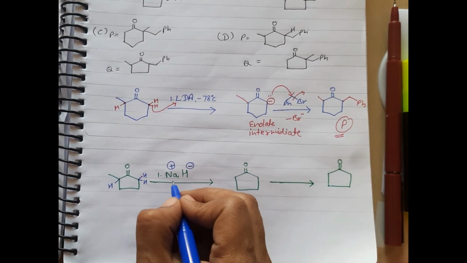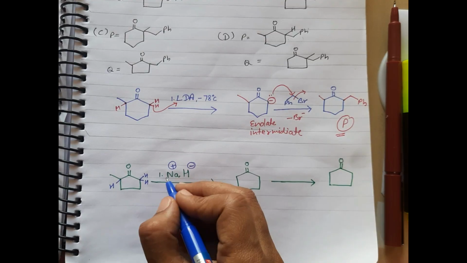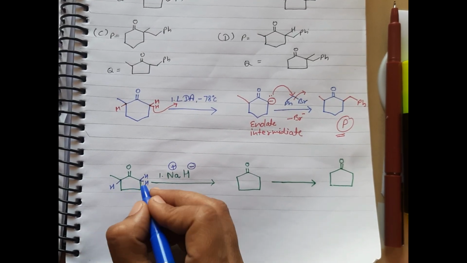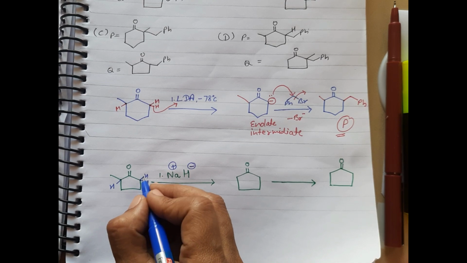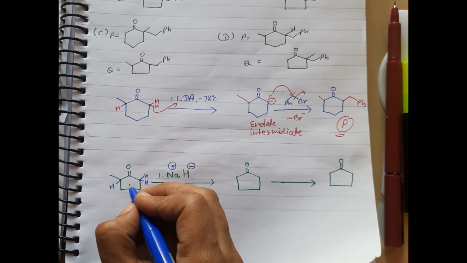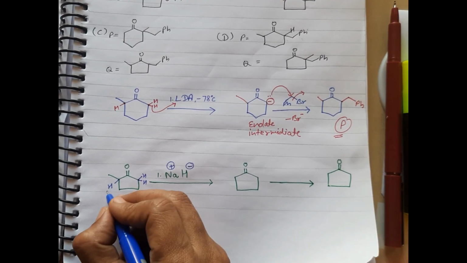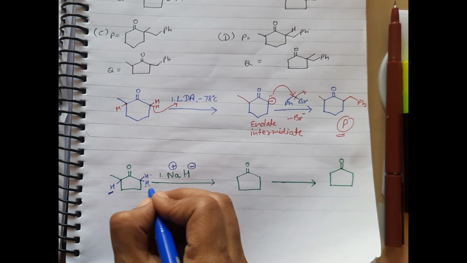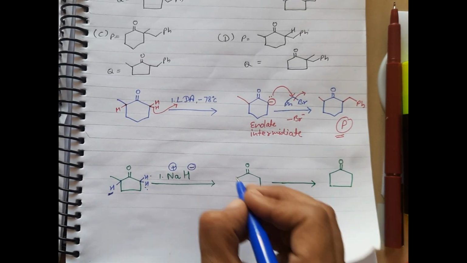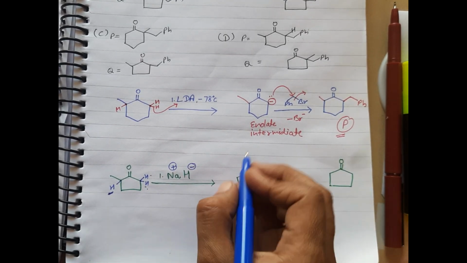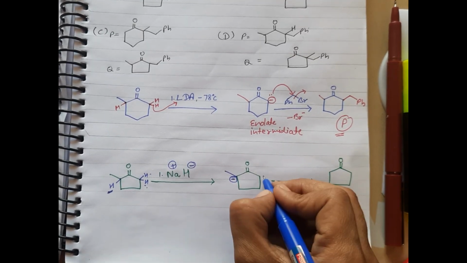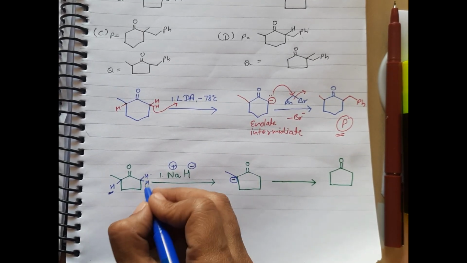Because it is a strong base, it will take the most acidic hydrogen. Here no substituents are present, here one methyl substituent is present. So this proton is very acidic compared to this proton. So NaH takes this hydrogen and forms the enolate at this carbon atom.